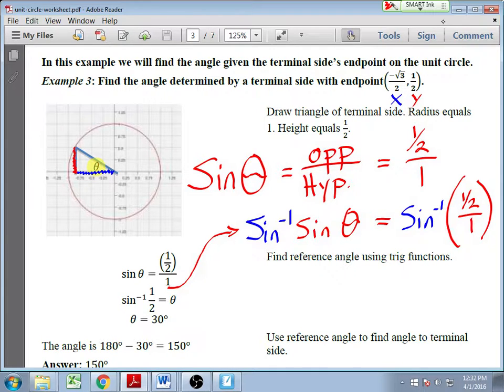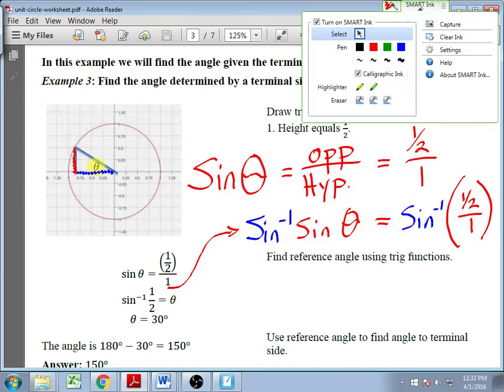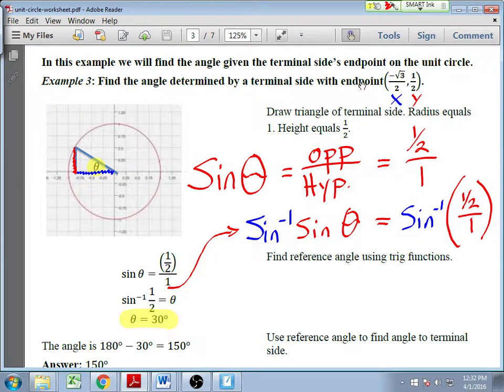When you plug into your calculator inverse sine of 1/2, you get 30 as your answer, which tells me that this angle right there is 30. But I'm not actually looking for that angle. I only did that because it was easy to solve.